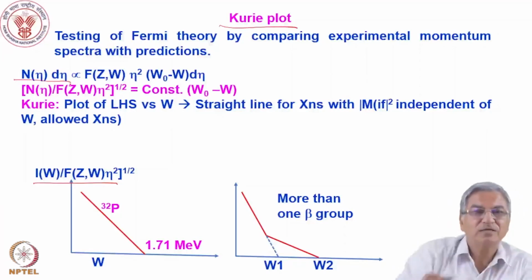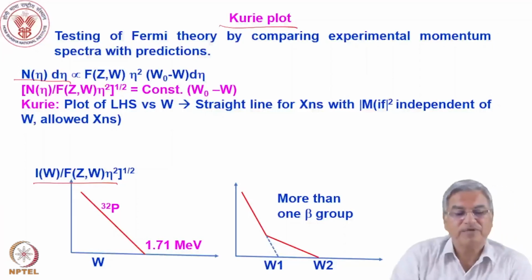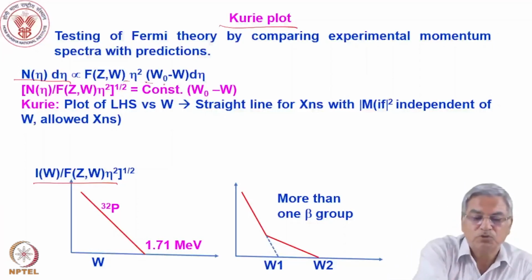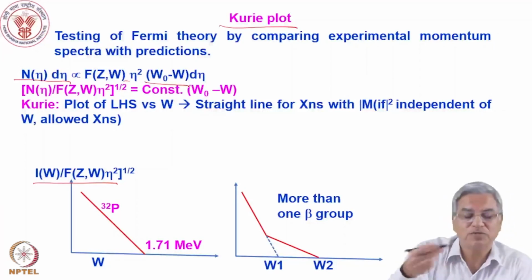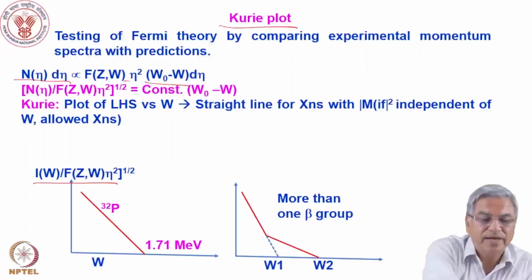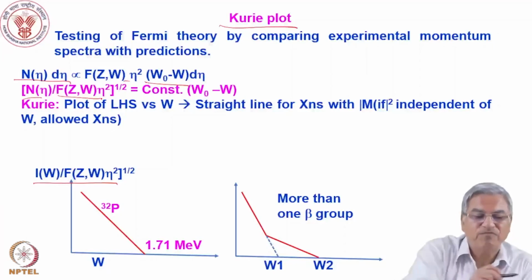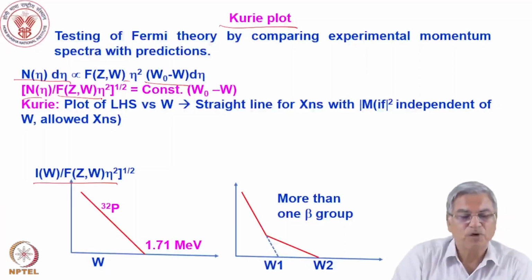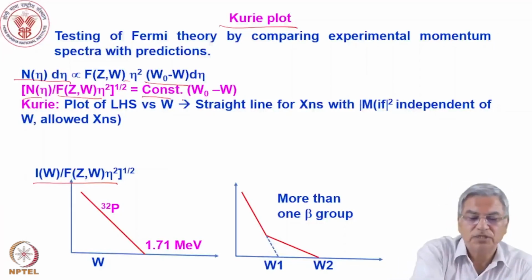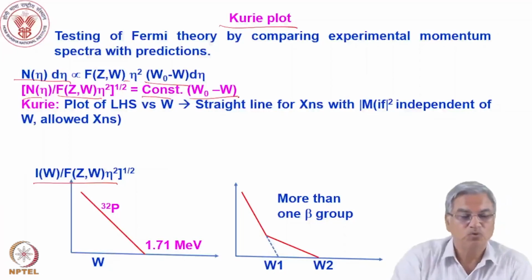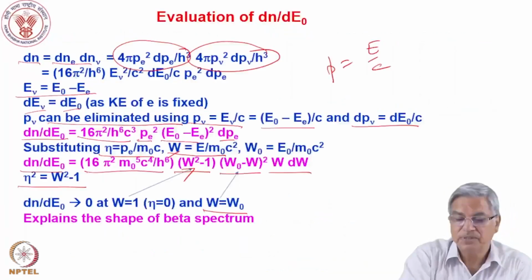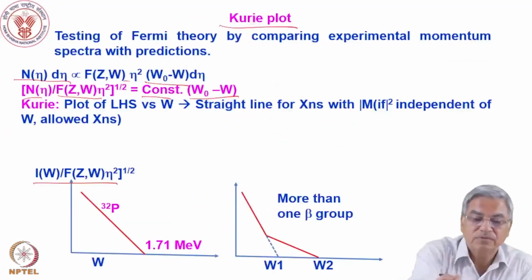So N(eta) d eta is proportional to F(Z), the Coulomb correction factor, eta square, (W0 minus W). You can write it from the previous expressions, and then rearrange this equation so that N(eta) upon the F factor, to the power half, equals a constant into (W0 minus W). Actually it has to be a square term here.